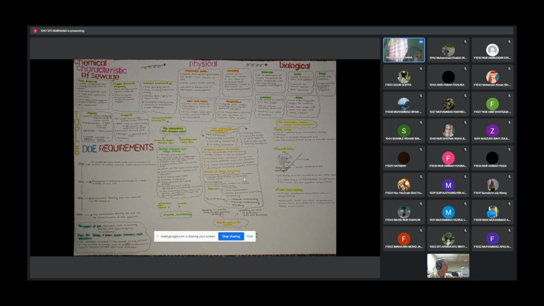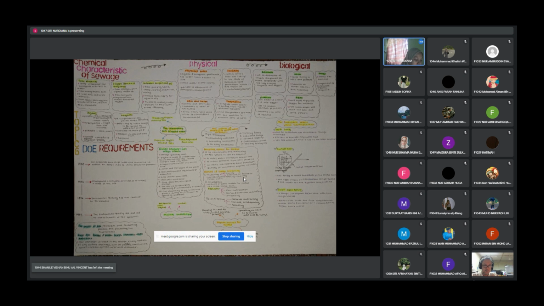And then there is a laboratory test for wastewater, which is biological oxygen demand test, chemical oxygen demand test, and total suspended solids test. And then there is a test of sewage treatment and design criteria. And then there are 2 types of physical construction, which are treatment layout and conduit.